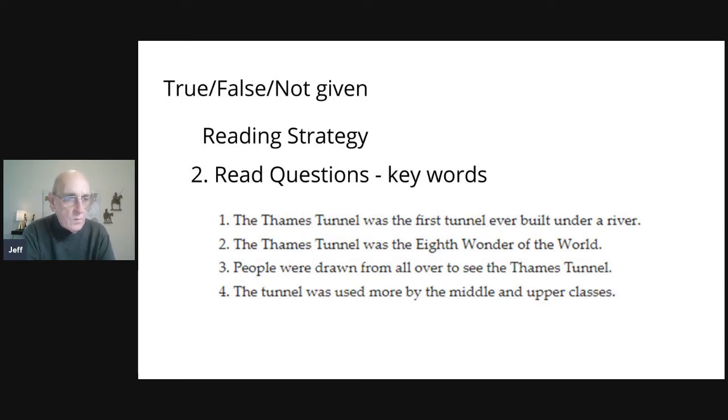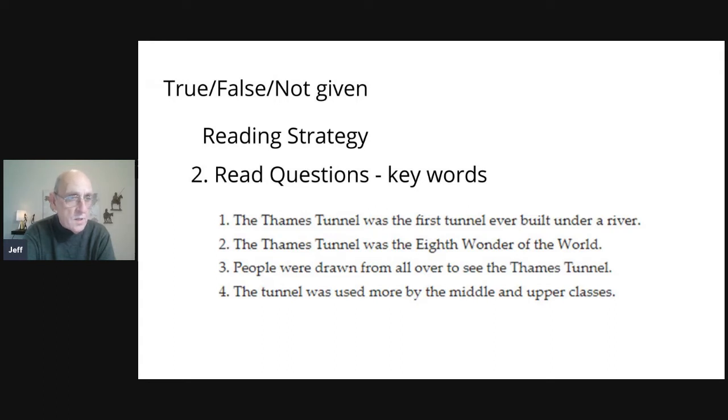So first of all, when we underline the keywords, just remember we're always looking for proper names. We're always looking for dates. We're looking for technical terms or terms that we wouldn't see anywhere else, maybe words that are brand new for us. But one of the most important things in the reading section, and particularly in true, false, not given, is that we want to be looking for comparative adjectives, superlatives.